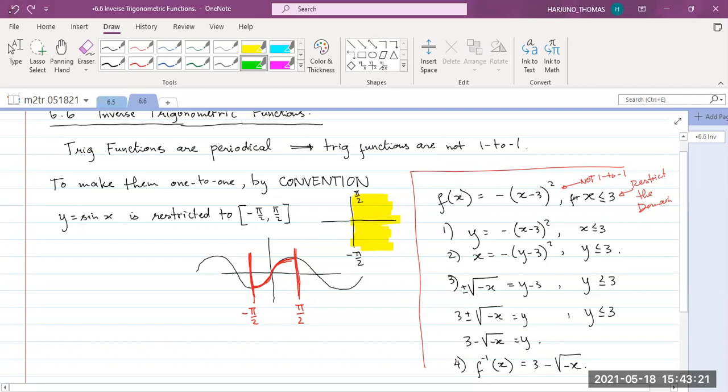Another reason they chose this one is because they can make use of the fact that sine x is an odd function. Since sine x is an odd function, the inverse sine will also be an odd function. That's the benefit of using this interval.